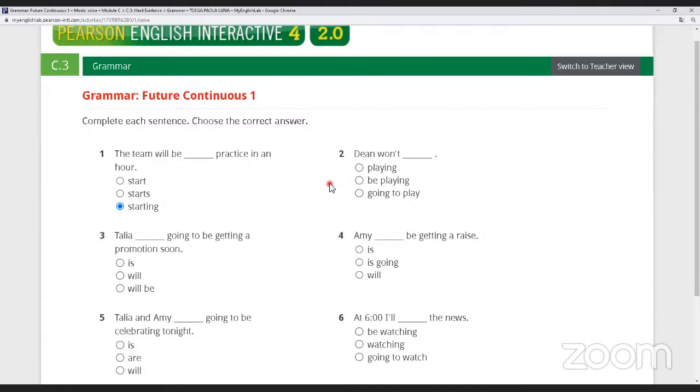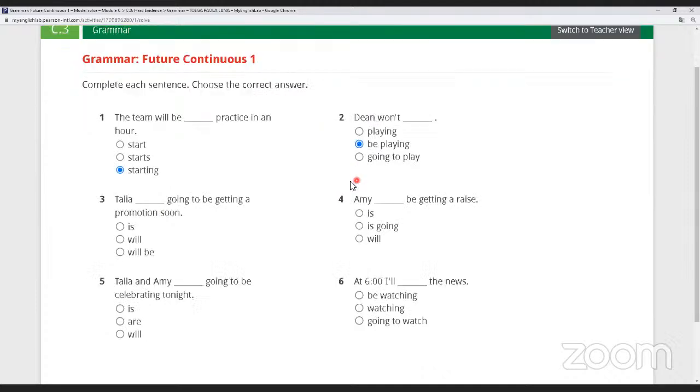Dean won't be playing. Talia is going to be getting a promotion soon.